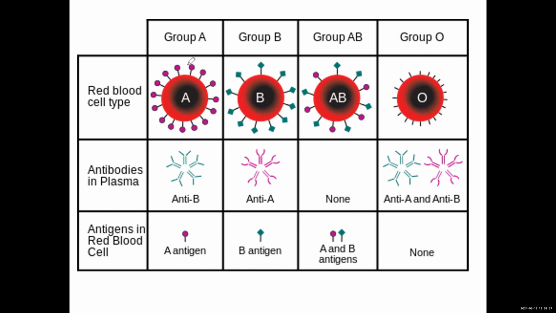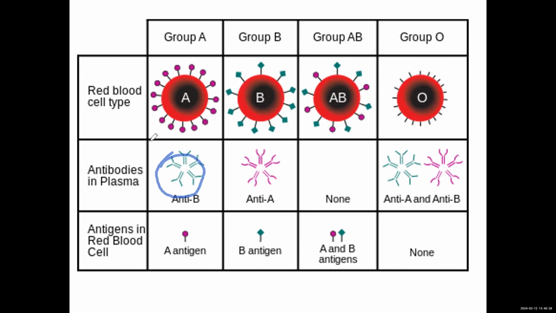But if this person receives blood group B, then the immune system will not recognize this antigen B. B blood is not your type. And then you start making antibodies, like when you're sick, when you have flu or COVID, you make antibodies.